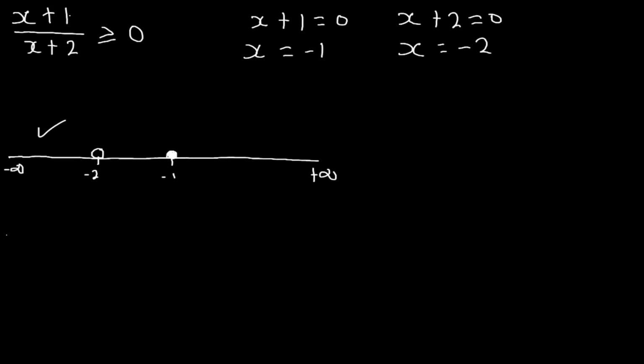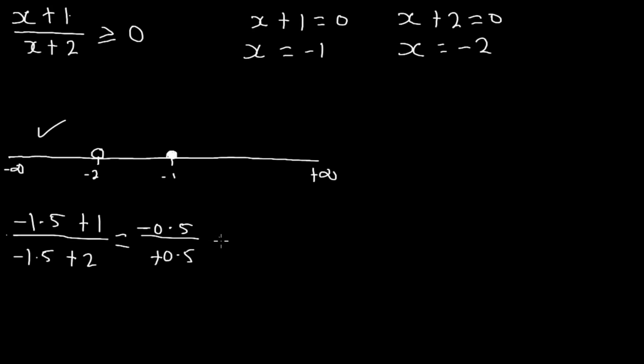We have negative 1.5 plus 1 divided by negative 1.5 plus 2. Negative 1.5 plus 1 is negative 0.5, and negative 1.5 plus 2 is positive 0.5. If we divide these two, we get negative 1. But negative 1 is not more than 0, so there's no solution within this region. Am I communicating? Excellent. So between minus 2 and minus 1, we have no solution.